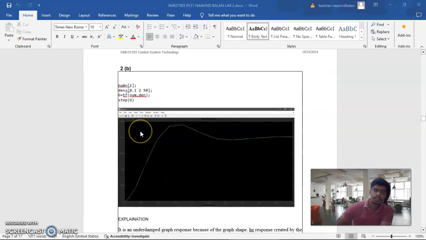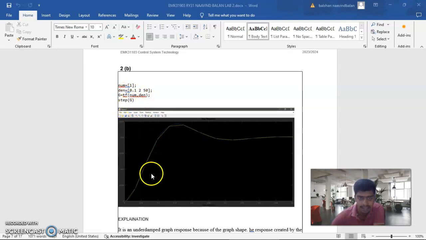For the second question, the numerator is 1 and the denominator is 0.1, 2 and 50. So we get the transfer function with numerator and denominator and the step. For the value here, 2, we get the same wave, but the steady state is nearly 0.45.